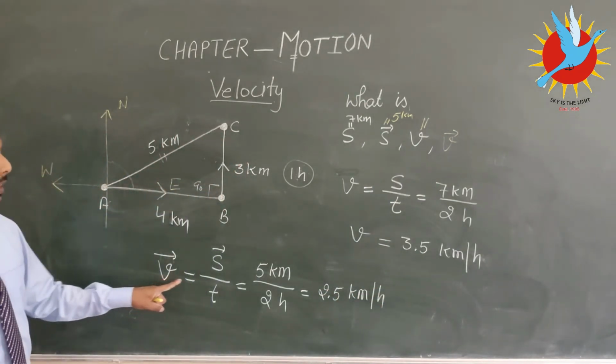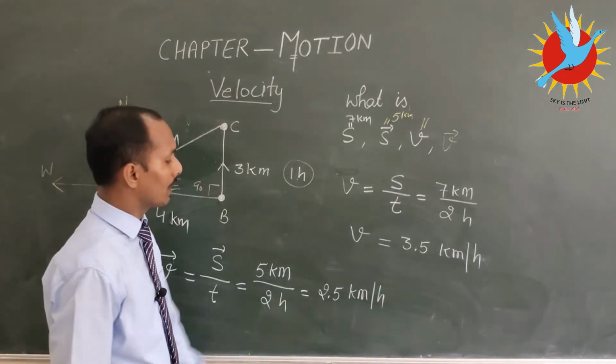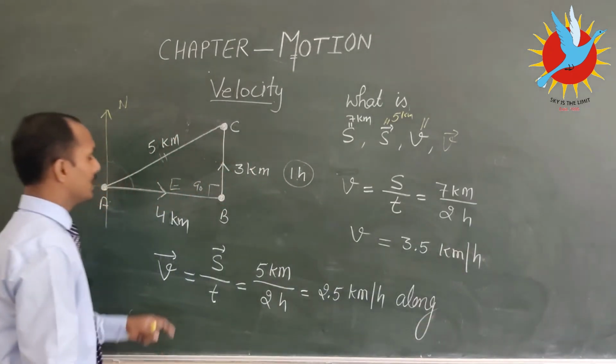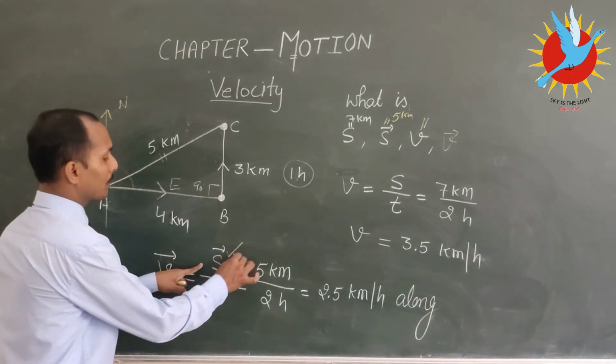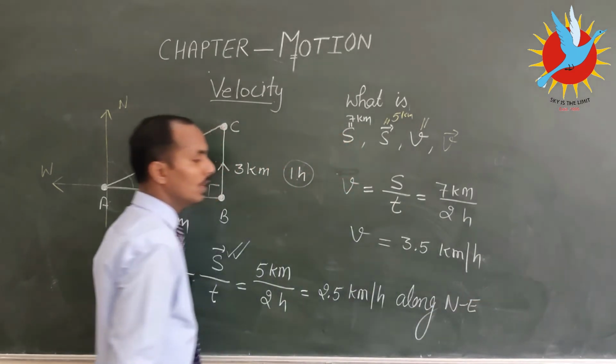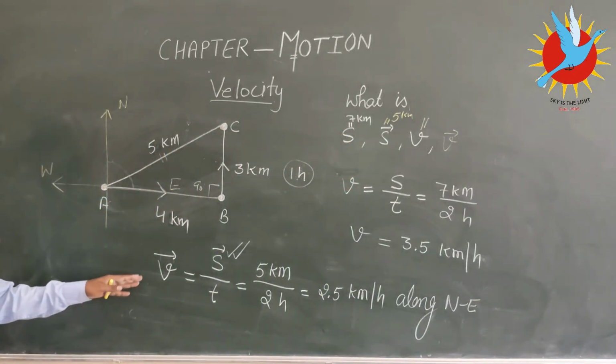This is a vector quantity, so its direction is along the direction of displacement, which is northeast. In this way you calculate the velocity.